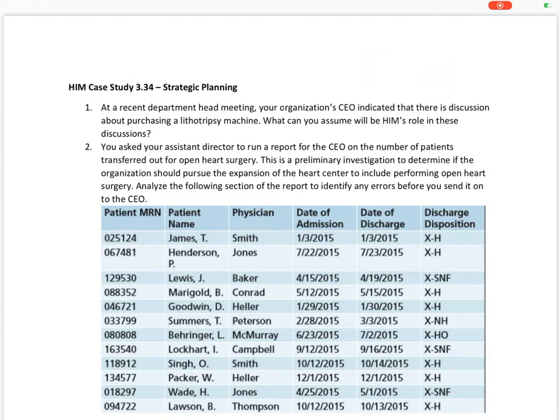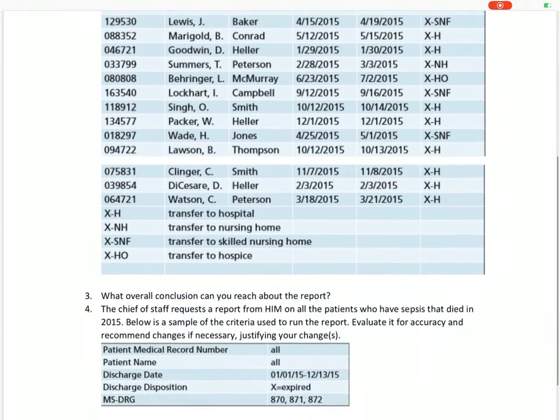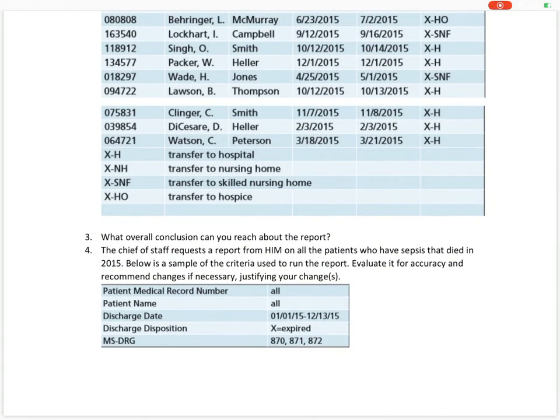You're going to look at this list and look to see if there are any errors before you send it on to the CEO. Now, the thing about this is you're looking at a list of patients that should have been transferred out. You're sending them somewhere else for heart surgery. So that's your clue.